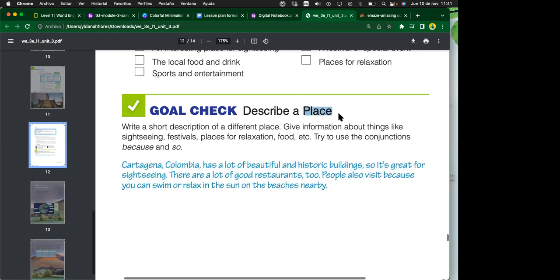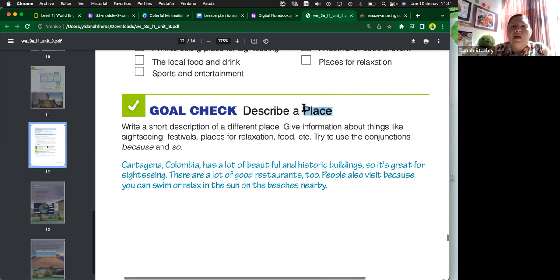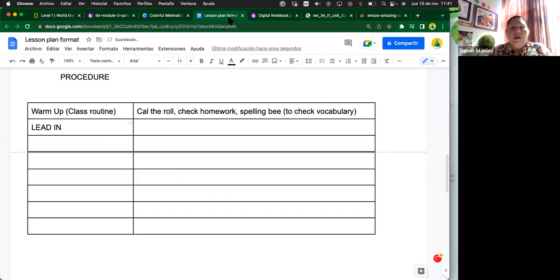Describing a place to travel. So maybe we can show them a picture. Places. Entonces, in here, do you remember the types of activities we can have as a lead-in?